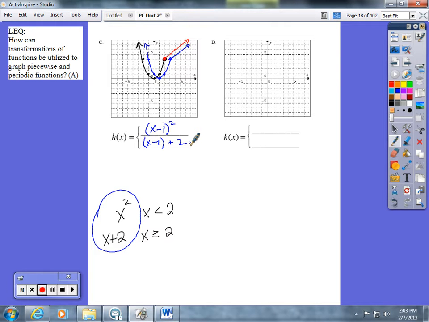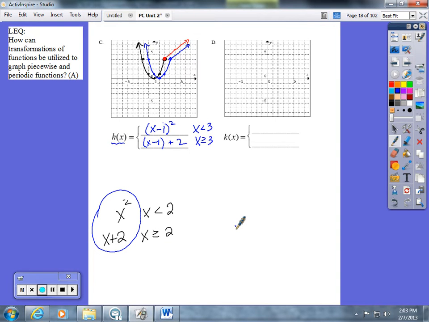There's one more part of h of x that's going to be different. When you look at the original compared to the new graph, you have a parabola piece and then a point, a place where it turns into a linear piece. That point changes. Benson, what's it change to? 3, which is 1 to the right of 2. So it matches our horizontal shift. So our new domain, x would have to be less than 3, and x have to be greater than or equal to 3 for that piece.